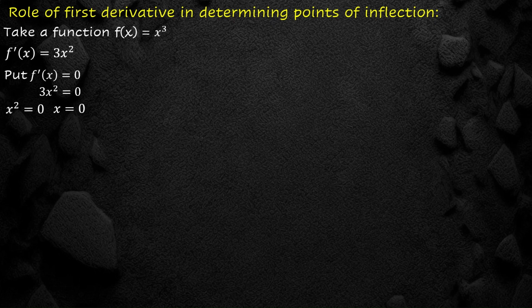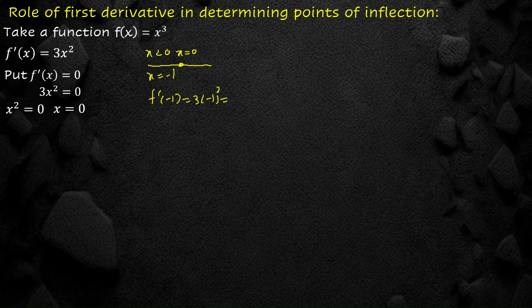Now here the point is x is equal to 0, we move towards the left of 0. That is the point where x is less than 0. Take x is equal to -1 and put it in the second derivative.